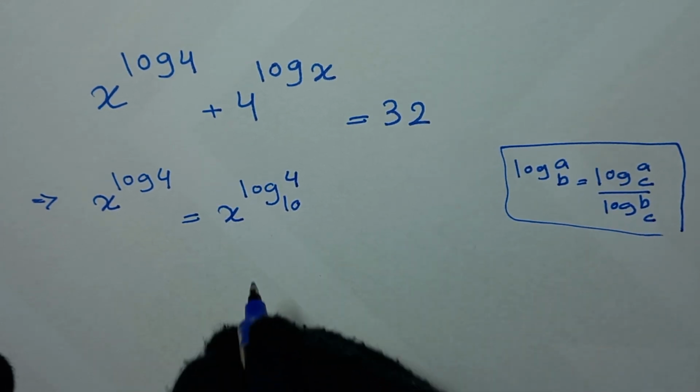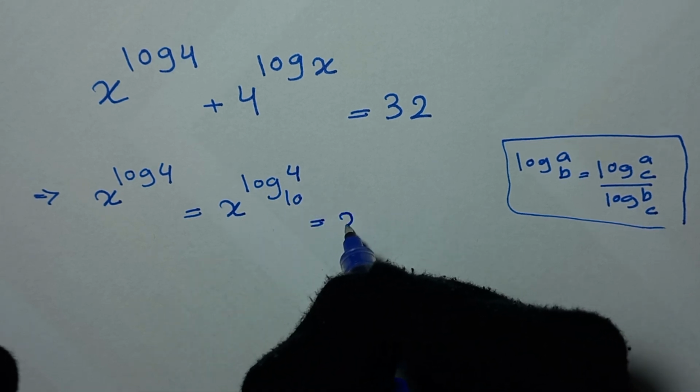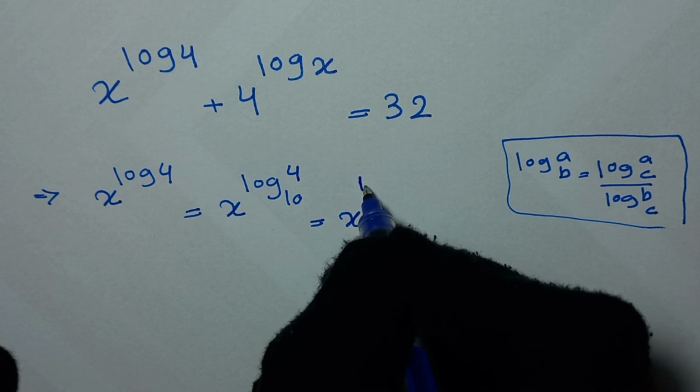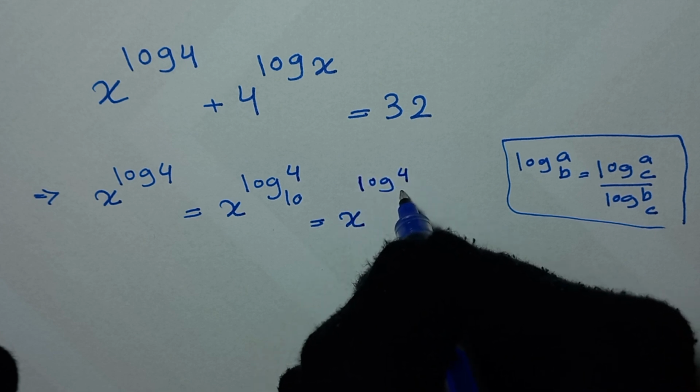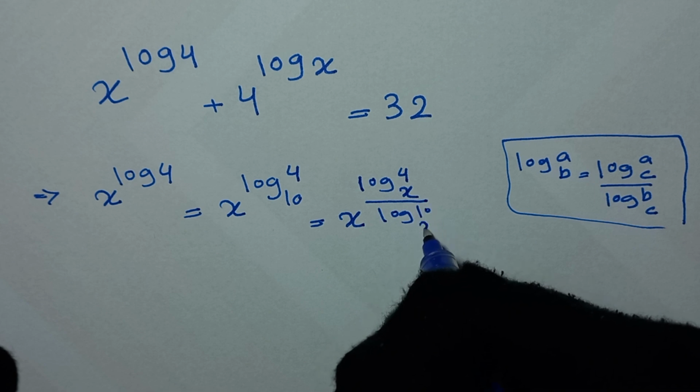So in here, we can write log 4 to base 10 as log of 4 to base x over log of 10 to base x, right?